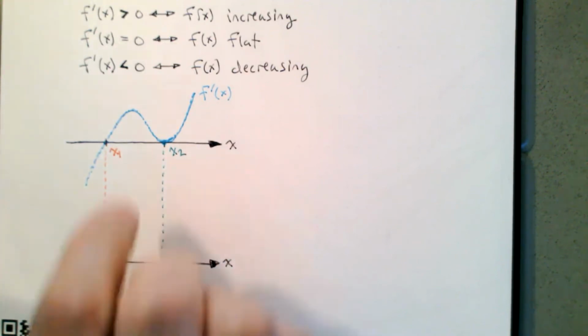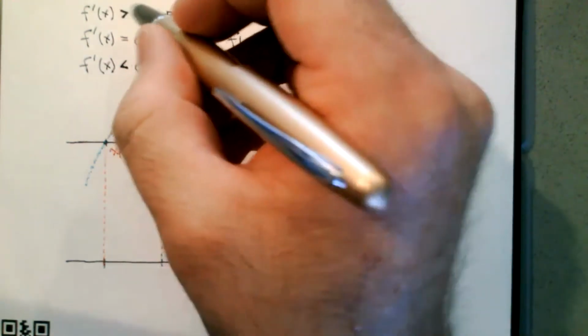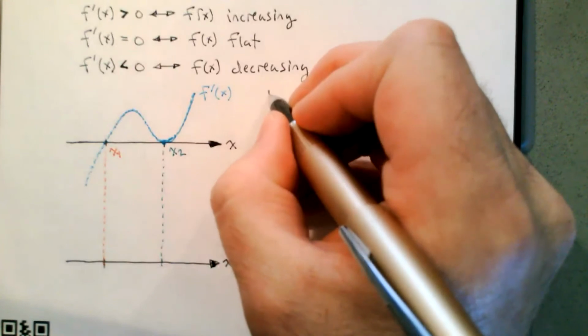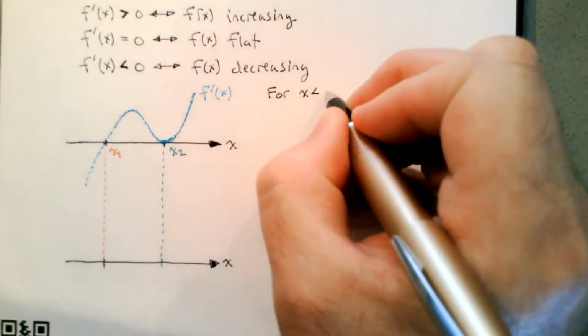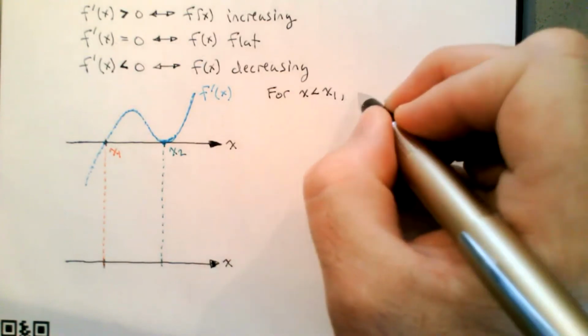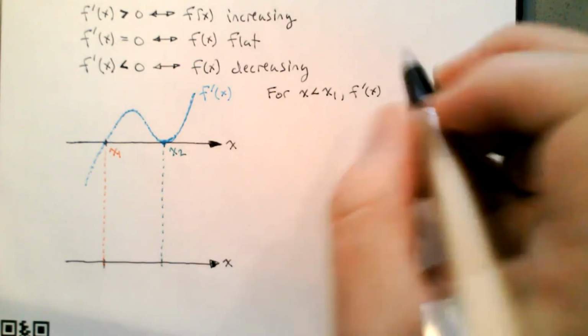For x before x1, the derivative is negative, so our function needs to be decreasing. So for x less than x1, f prime of x is negative. We're looking at the derivative.